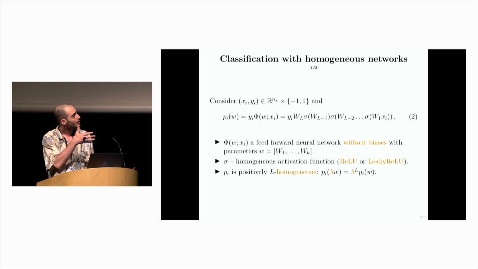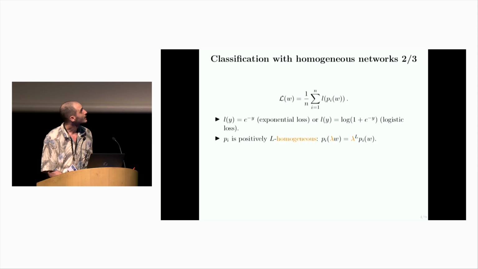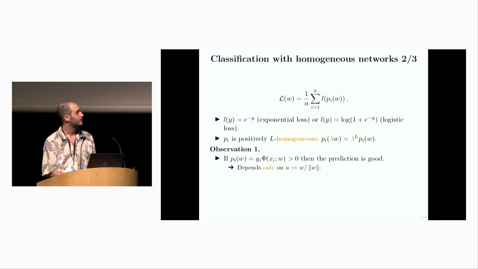Because of the structure that I impose, the whole sign prediction is positively homogeneous, meaning that if you multiply your weights by some positive scalar lambda, the output will be multiplied by lambda to the power of L. I will concentrate in the talk on the loss that we will take: the exponential logistic loss, which is commonly used.